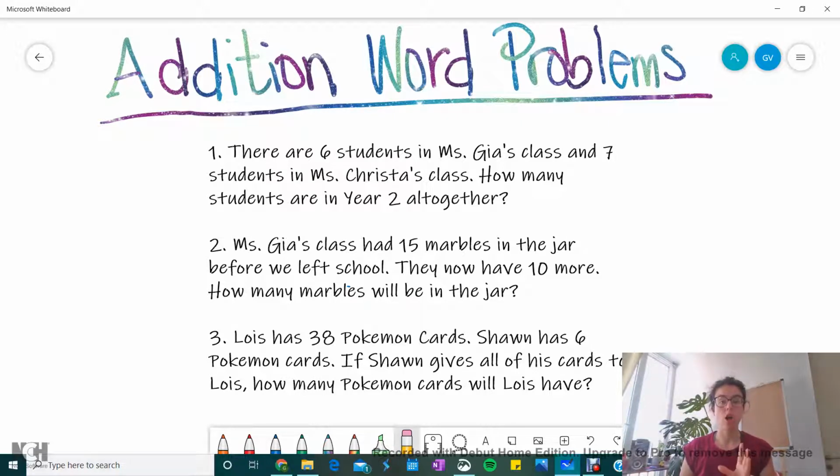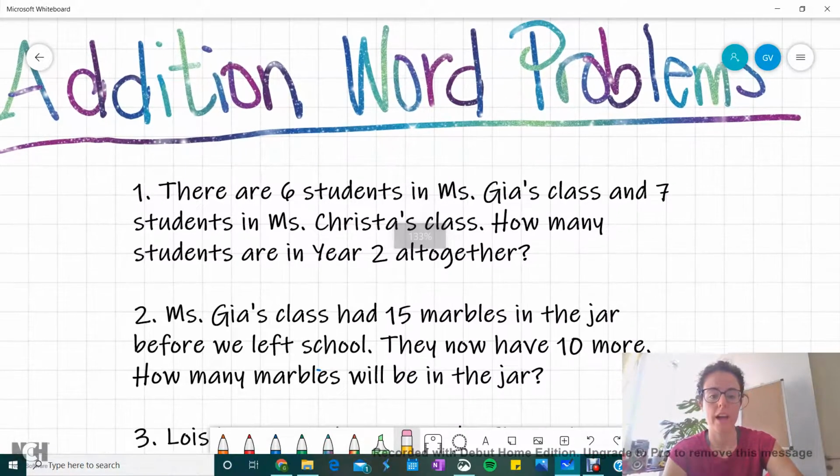Today, we are going to talk about addition word problems. So we are going to take the information from a word problem and make a number sentence from our word problem. Now, let's get started. We have number 1. Let's read it out loud.